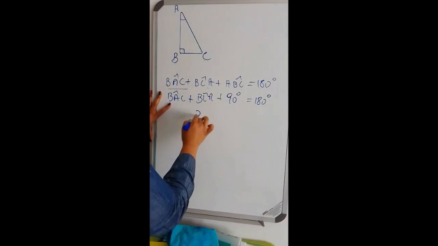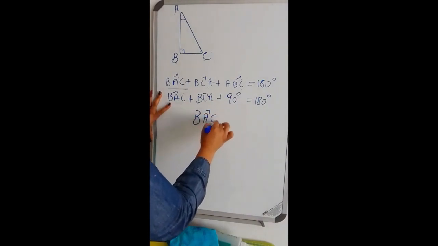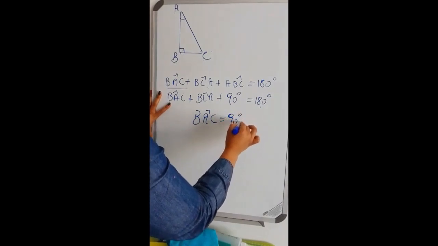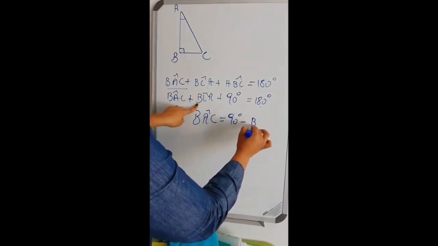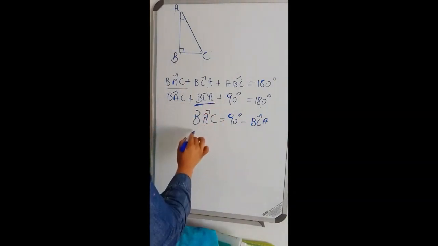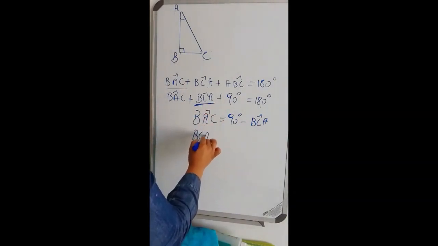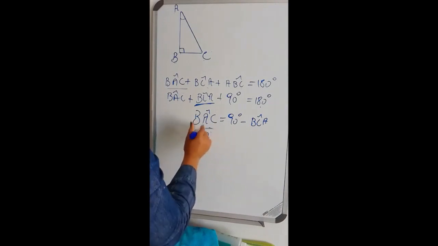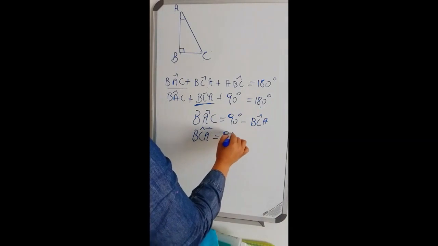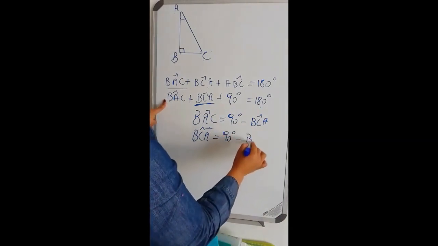So we can then say angle BAC is equal to 180 minus 90, that is 90, then minus angle BCA. Likewise, we can say angle BCA is equal to 180 minus 90, which gives us 90 minus angle BAC.